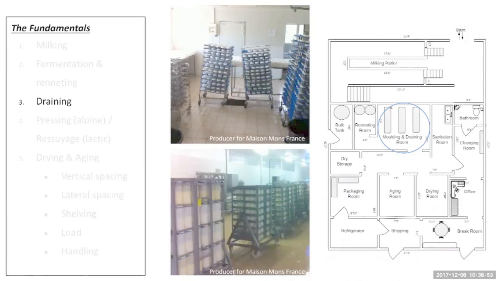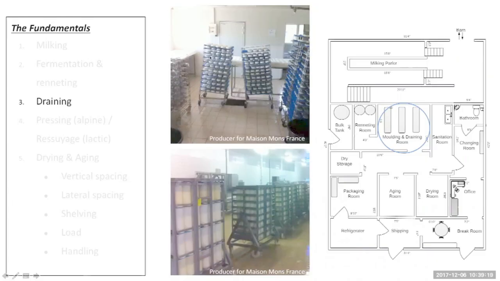So before you start looking at what went wrong with your aging equipment, you should definitely consider where you can achieve homogeneity earlier on in the process. And obviously the cheese on this side likely will drain a little better than some maybe towards the bottom down here.